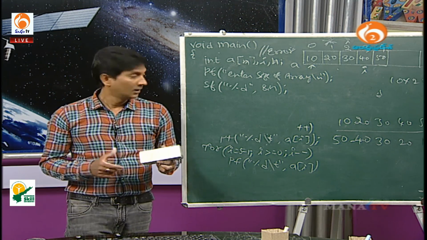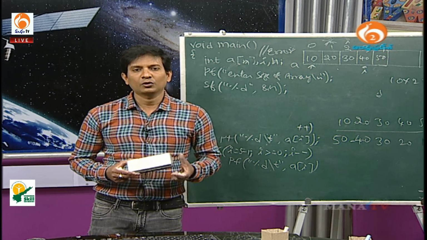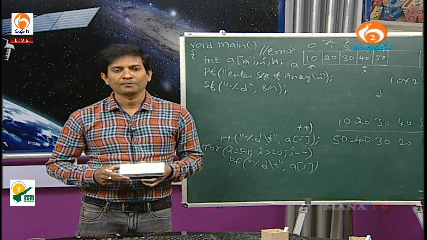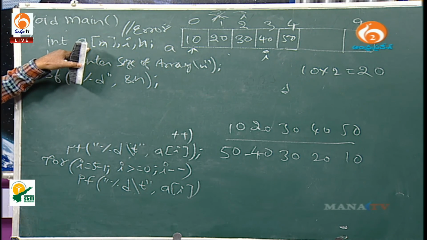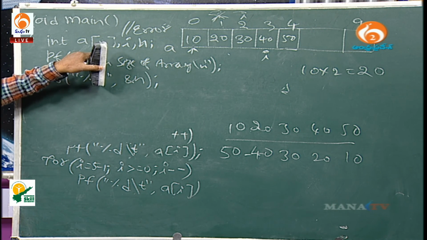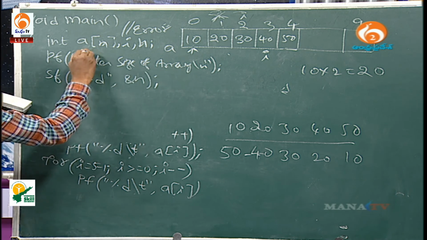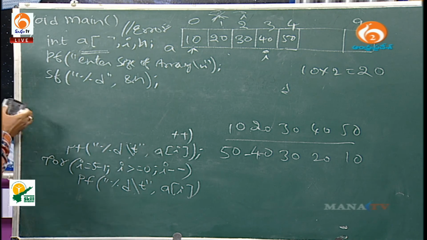If you want to create an array dynamically at runtime, you have to go for malloc and calloc, but not a compilation-time array. Compilation time means it should be a fixed size. I cannot write like this, a of n, enter size of array. It leads to an error. We must write the size only here.